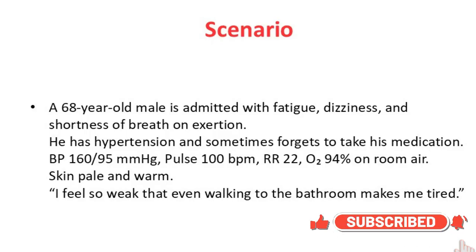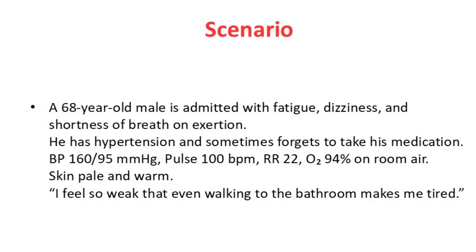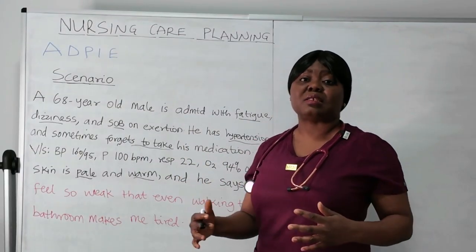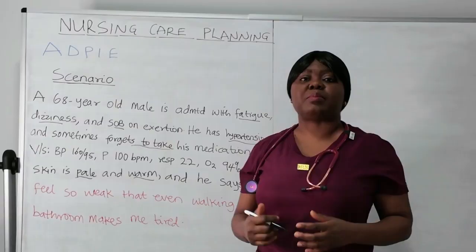The skin is pale and warm, and he says, "I feel so weak that even walking to the bathroom makes me tired." So this is the case scenario we have for this patient. We're going to use the nursing process to analyze it and bring out a good nursing care plan.